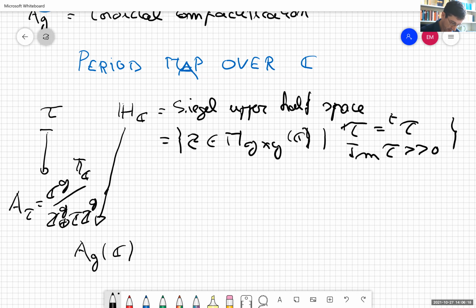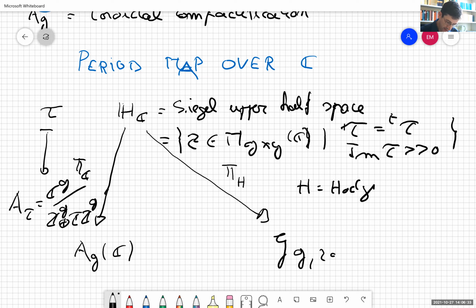And actually, the period map that comes from Hodge theory, so I put pi_H, H is for Hodge, goes to the Grassmannian variety.